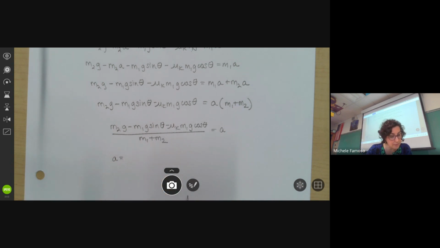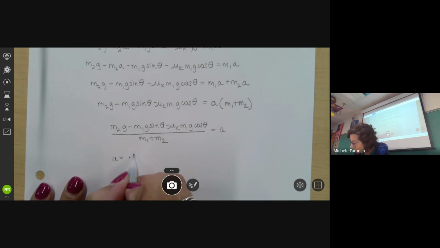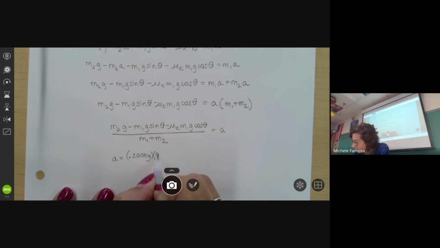All right, let me go ahead and start plugging in values. They told me that mass 2 is 200 grams, so that's 0.200 kilograms. G is 9.8 meters per second squared.